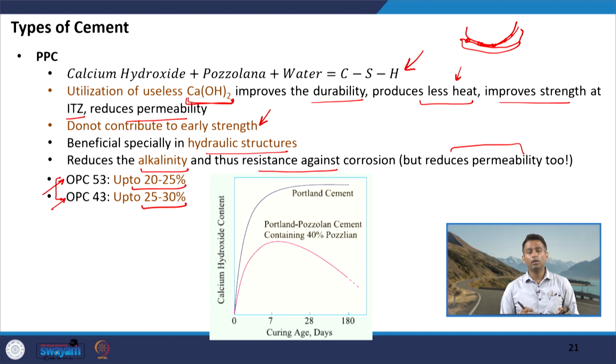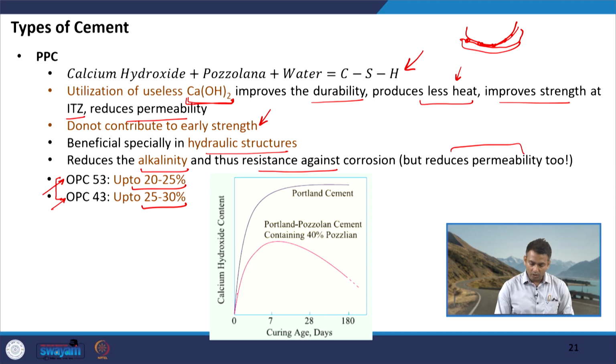Talking about the reduction in the amount of calcium hydroxide over a period of time, by now we understand that ultimately the pozzolanic material has to utilize calcium hydroxide, and calcium hydroxide will start producing when C2S and C3S in the cement start reacting with water.